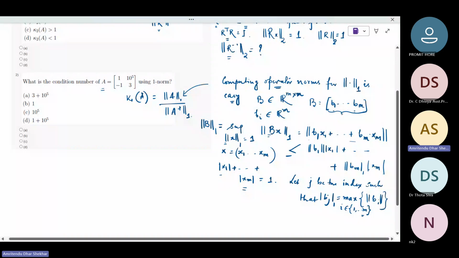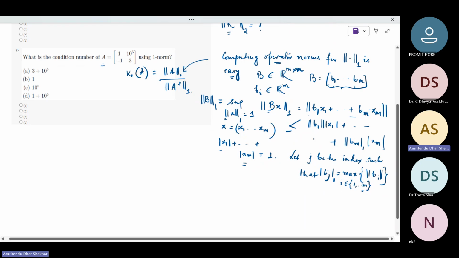So basically, bj is the column which has the highest one norm. Then, of course, this quantity is itself going to be upper bounded by the one norm of bj. Okay.